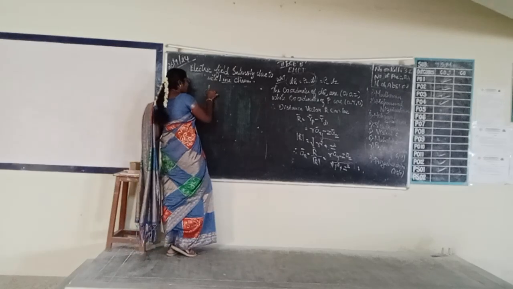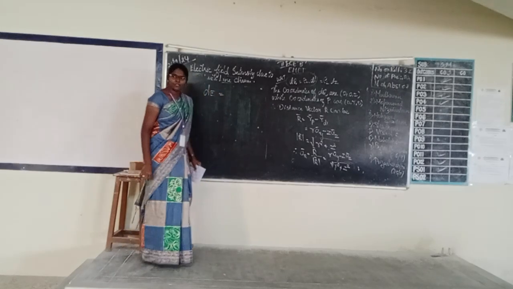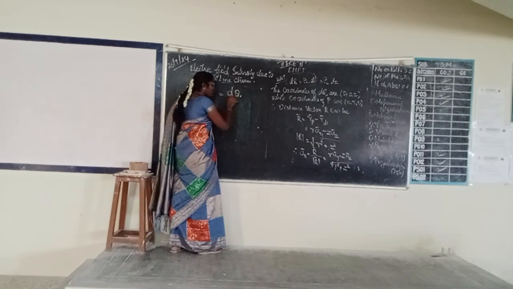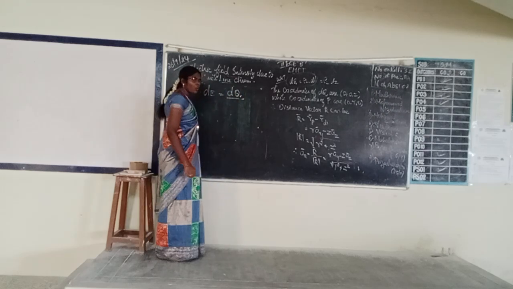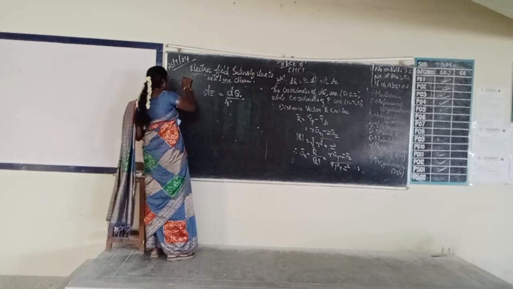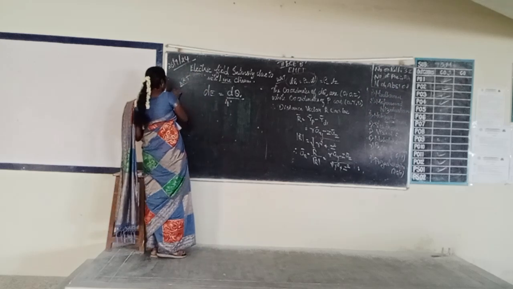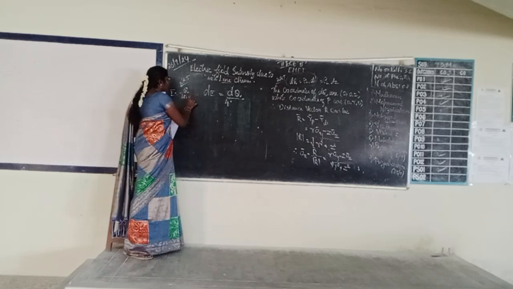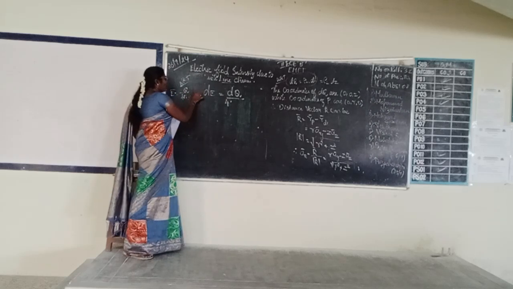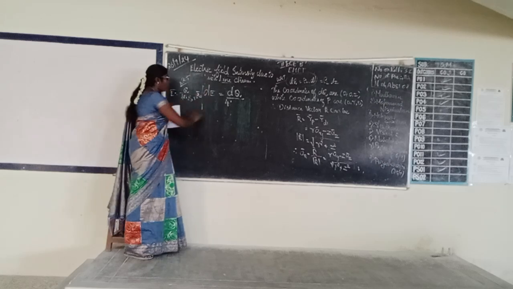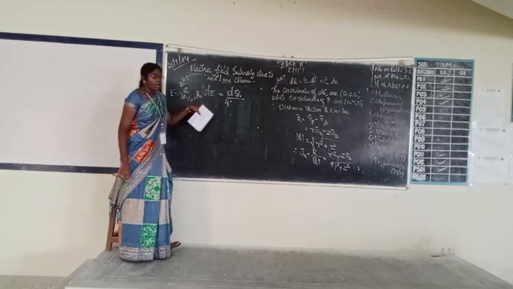So dE will be equal to... is the charge specified here? No. Then it should be taken as dQ divided by 4 pi. We know the electric field intensity formula: E vector is equal to Q divided by 4 pi epsilon naught r square along with the unit vector. This is the known formula we saw yesterday.